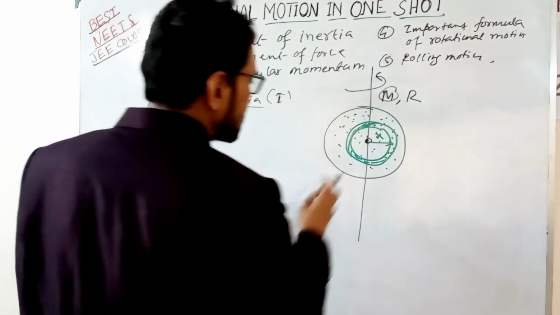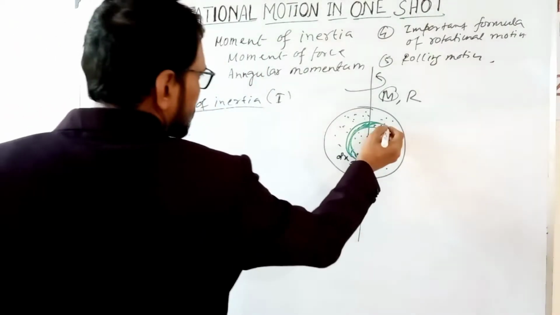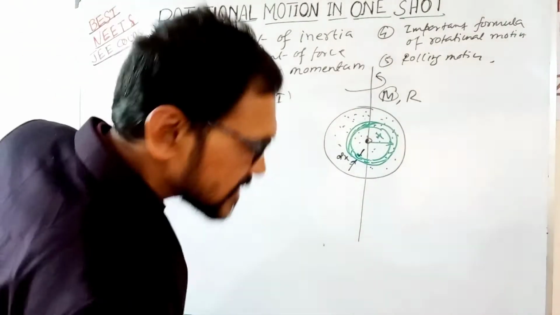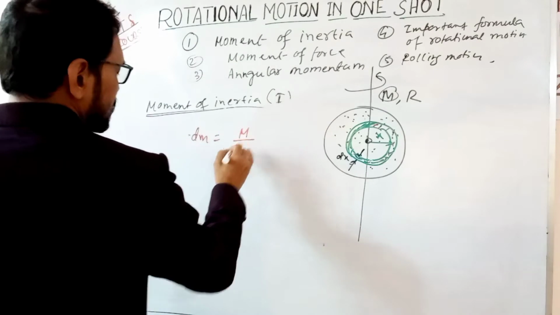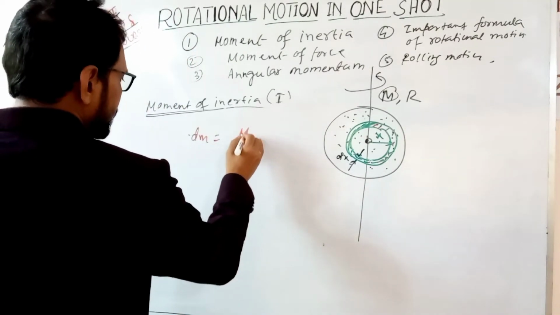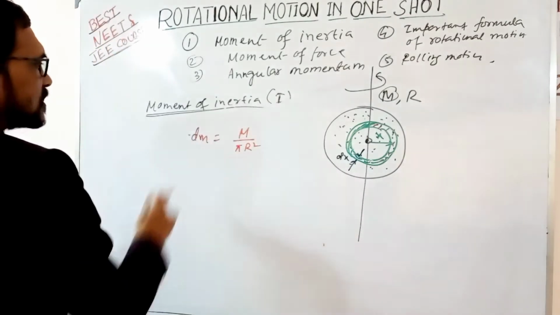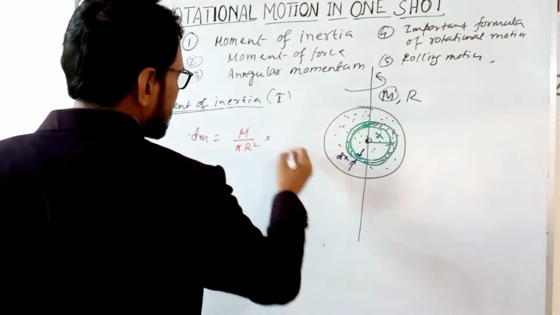First we calculate the mass of the elementary stripe. We consider the mass uniformly distributed throughout the area, so the mass per unit area is m by pi r square. The mass per unit area into the area of this section gives dm.